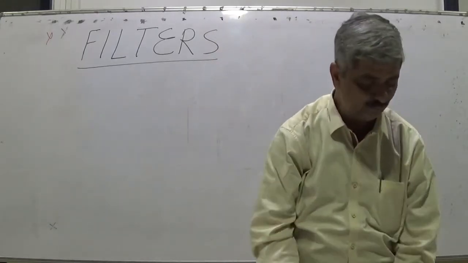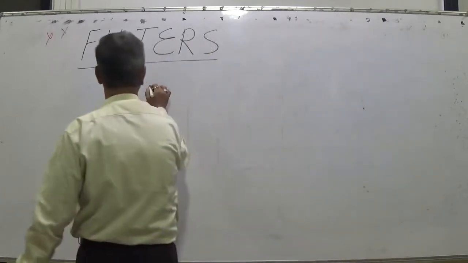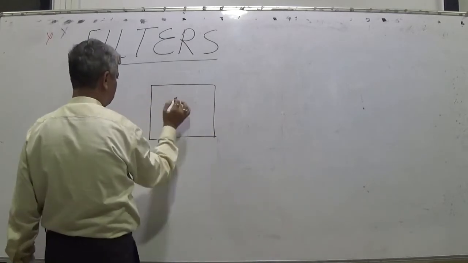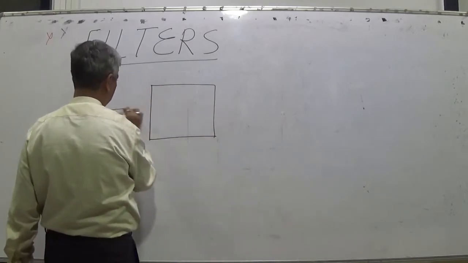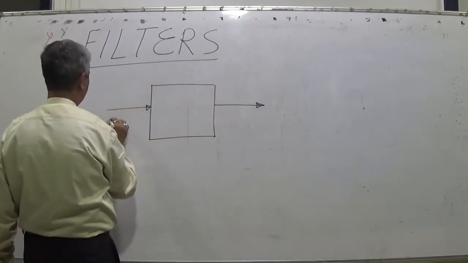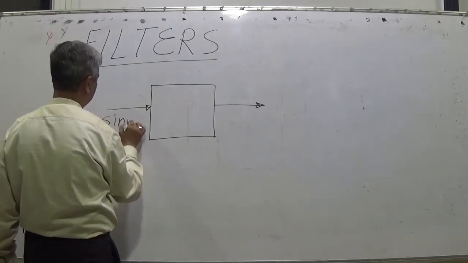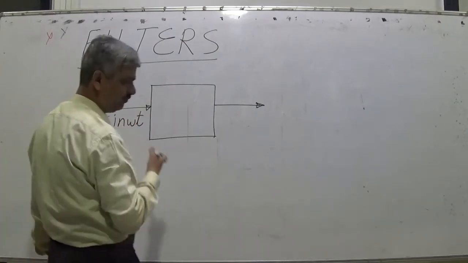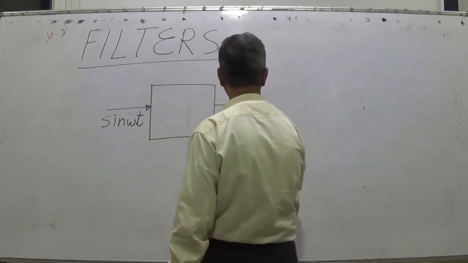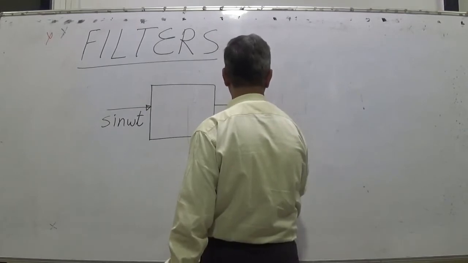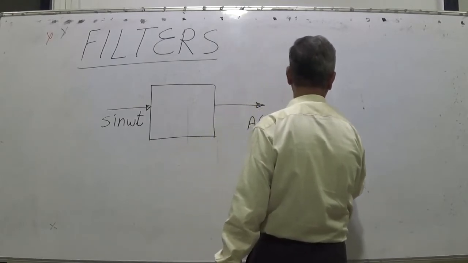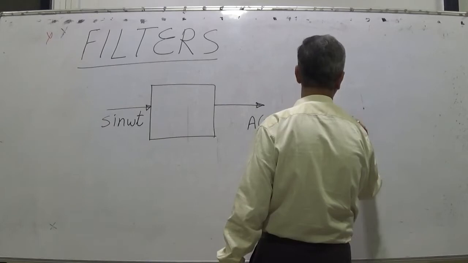So by filter we essentially mean that when I connect a system which I will design, and apply an input sin omega t, it may be cos also; when I say sine, it is sinusoid, the output will always be A(omega) sin(omega t + phi(omega)).